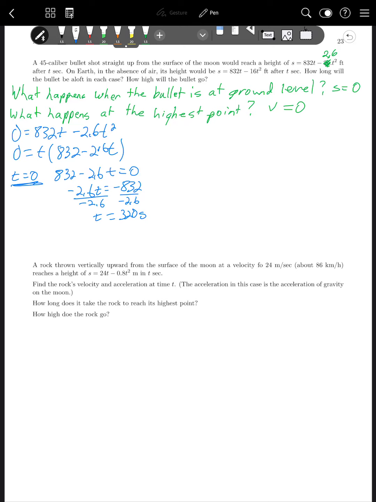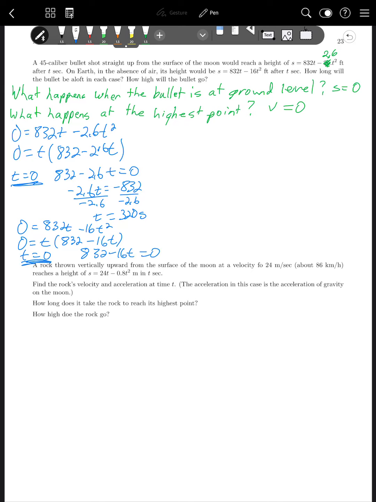I'll just write it down here and do it fairly short. It starts out basically the same way, so you factor out a t. We get t equals 0 and 832 minus 16t equals 0.